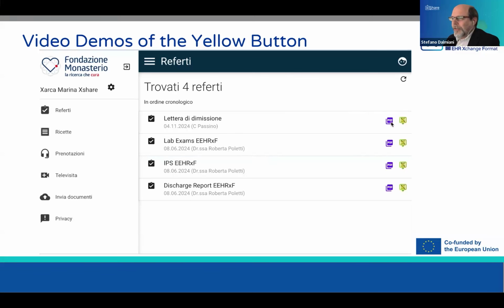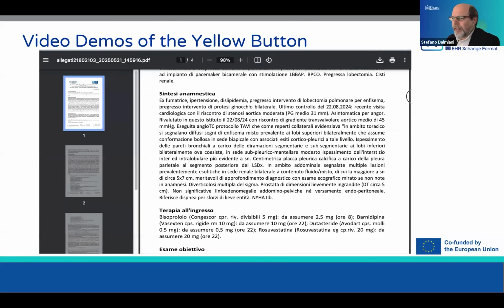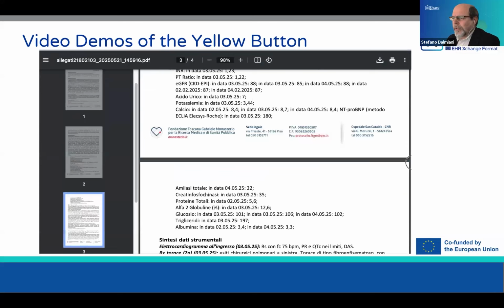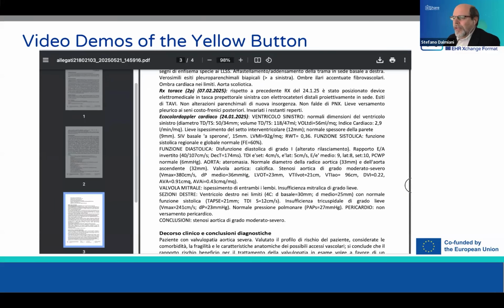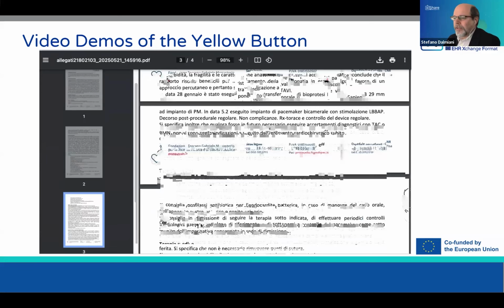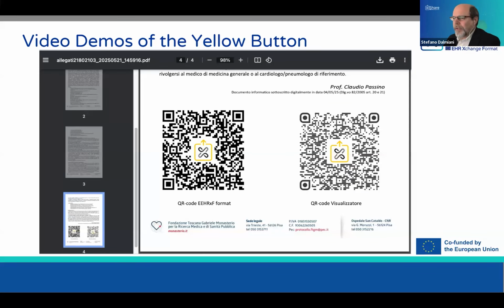If I click on the PDF of the discharge summary, which is the first line, you can download the report, read it and show it to somebody else. Here you have all the laboratory information, the instrumental examination, and also the discharge therapy that can, of course, be prescribed.